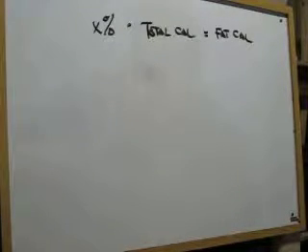Okay, so we're looking at the percent here. Round to the nearest tenth of a percent. And then it says, then indicate whether the label is from a food considered healthy.